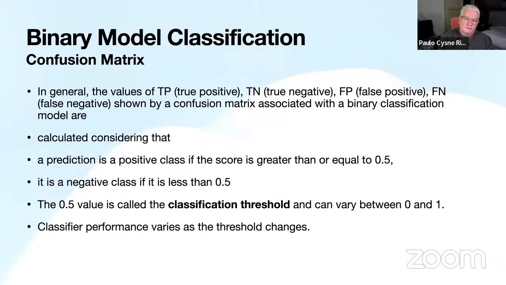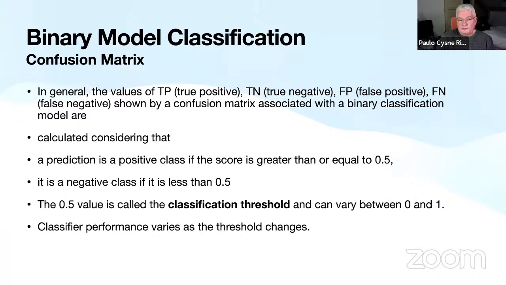But then all these calculations that you see here in this confusion matrix example, they are all using the probability that the model gives. So the model gives a probability between 0 and 1. And when the probability is equal or greater than 0.5, then it's considered a positive class.